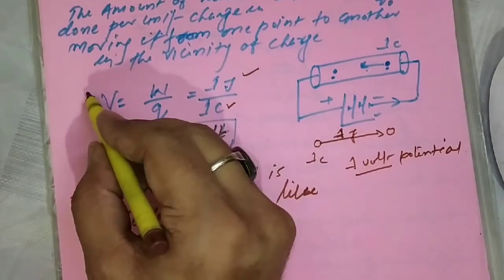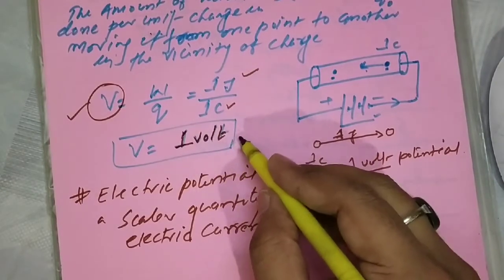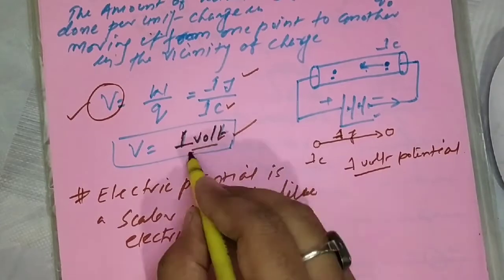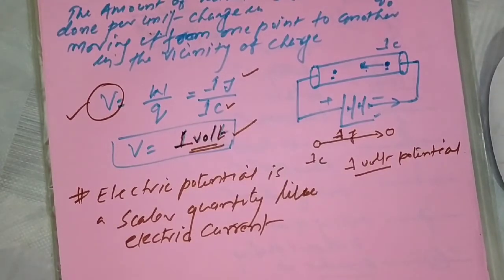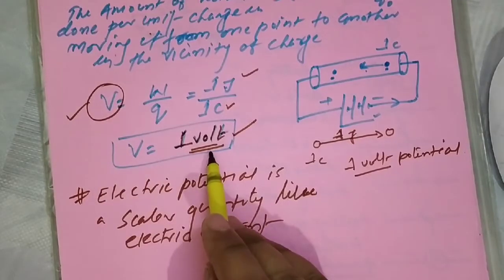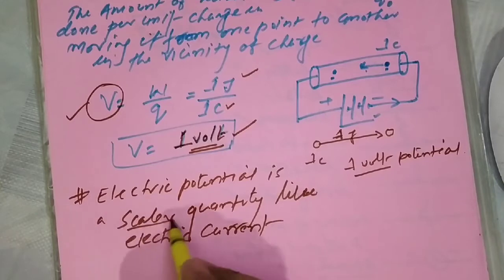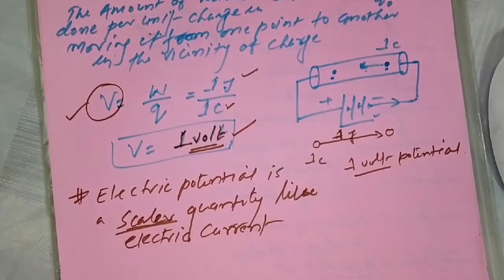It is denoted by letter V. SI unit of potential is volt. SI unit is volt and potential is a scalar quantity, like electric current.